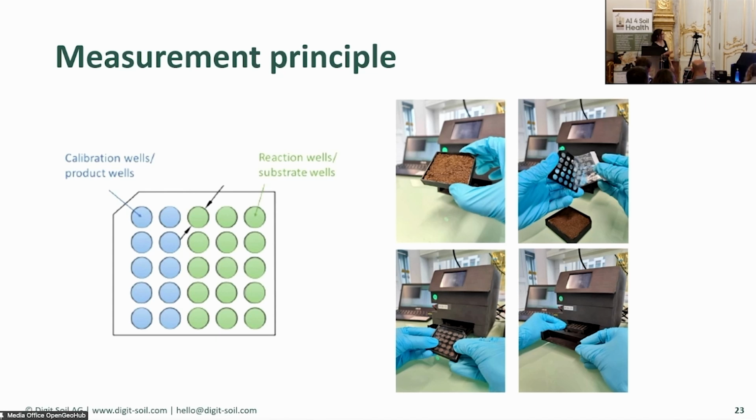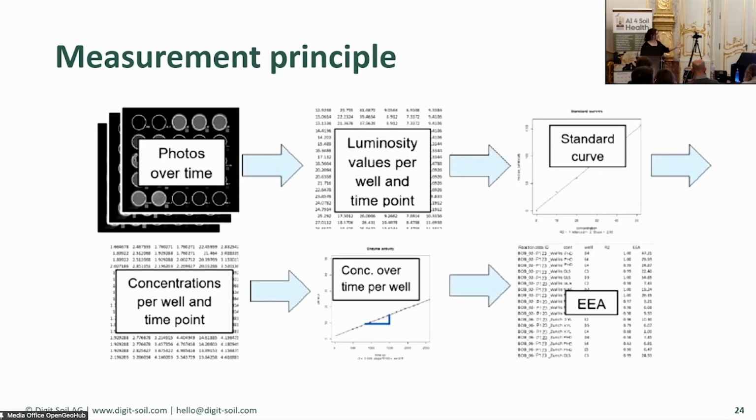What you get out of this is a data set that consists of photos that document the increase of fluorescence over time. From there, we extract the luminosity values and convert them with the standard curve into concentrations. We take the linear part of the concentration increase over time, and we get a rate of extracellular enzymatic activity.